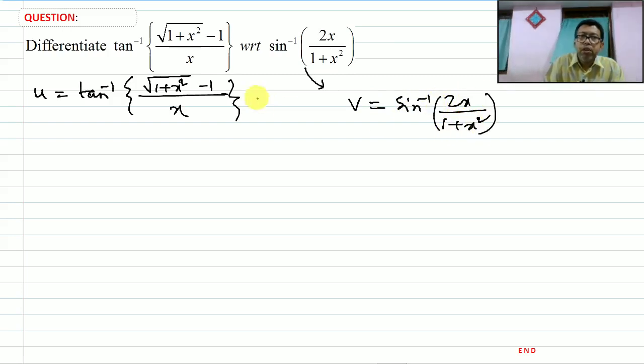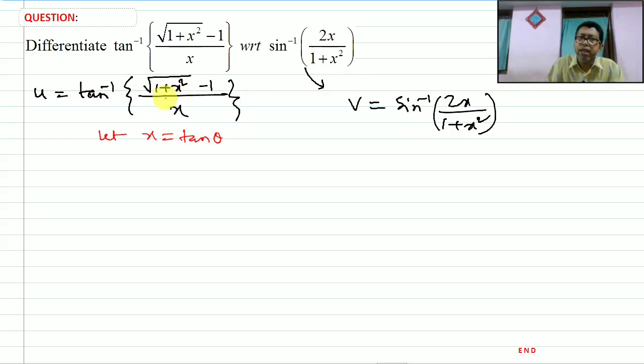So you can imagine what to substitute here. Obviously this is very simple to understand. We shall use x is equal to tan theta. If I take tan theta, then that will be easier to understand.